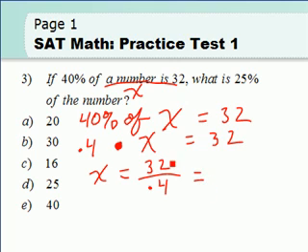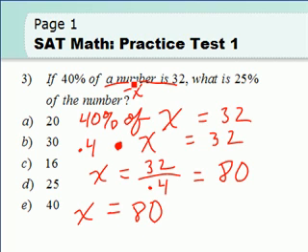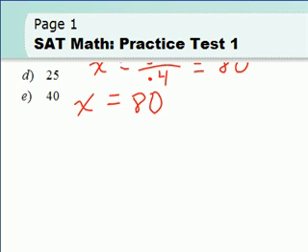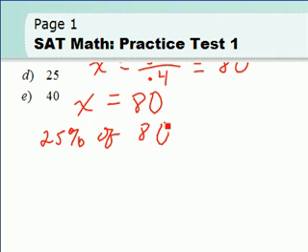And you can use your calculator to get that division. That's going to be equal to 80. So now I know that x is equal to 80. That is the number. Now the question is, what is 25% of the number? So I have to write another statement. I have to say 25% of 80 is equal to what?